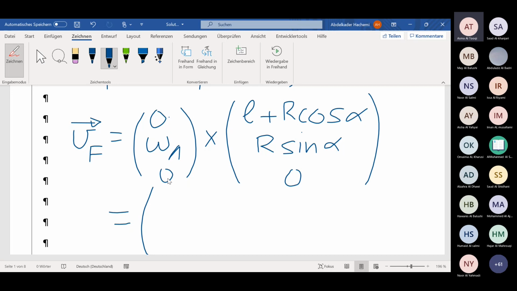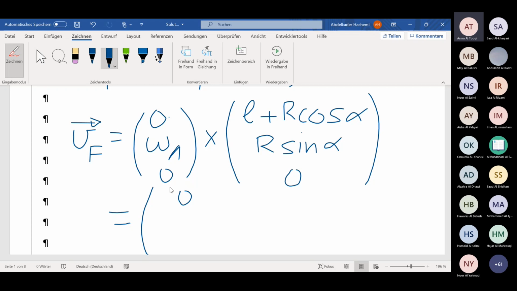Then you get the first component, 0 in x direction. Now, to calculate the second component, I neglect the second line, and what I do is 0 multiplied by 0 plus minus L plus R cosine alpha multiplied by 0. Okay, then you only make the cross.